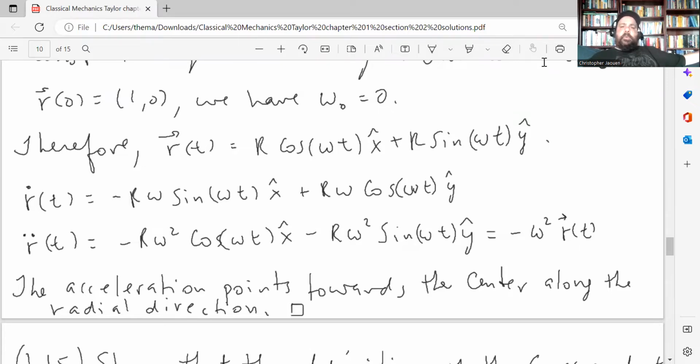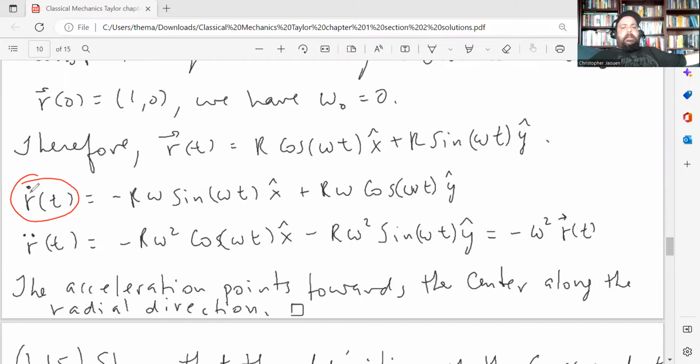Maybe I should say just a word about this notation here. In physics, they usually use this dot notation, which is not really used in mathematics. It's mainly used in physics, and it's used to represent the time derivative. So in other words, the derivative of some quantity with respect to time.